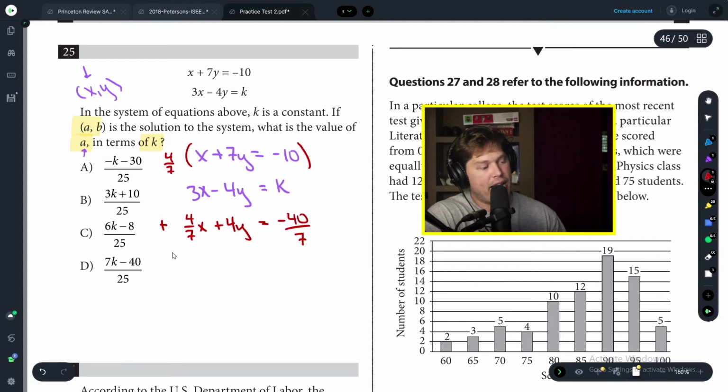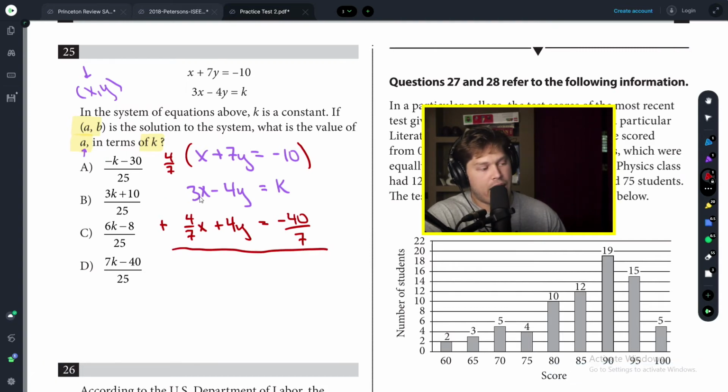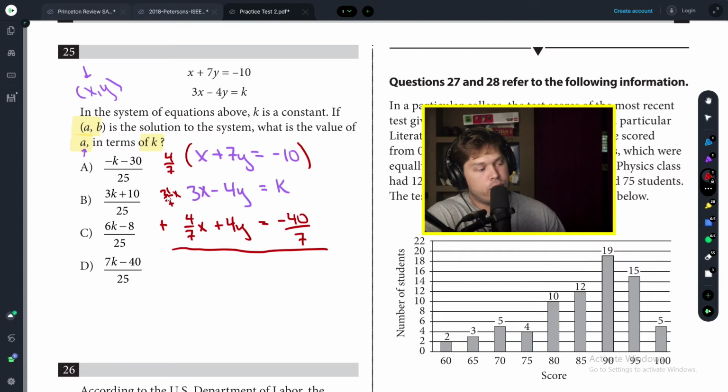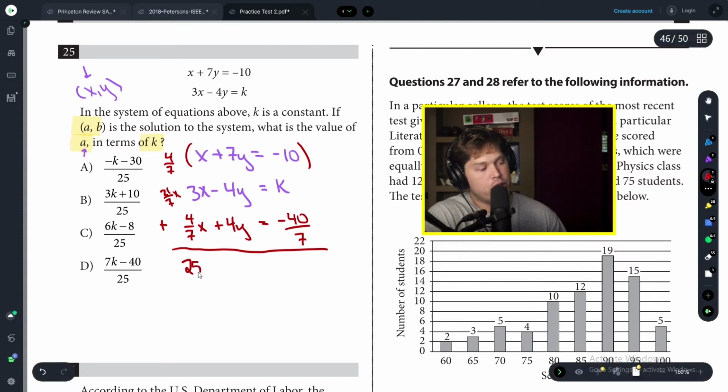Now I can add my two equations together. Whenever I add my two equations together, what do I get? Well, I'm going to think of 3x as 21 over 7x, just so I can add these more clearly. 21 plus 4 is 25, so this is 25 over 7x.